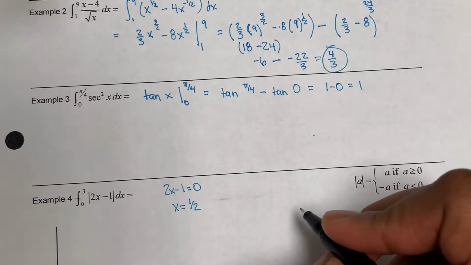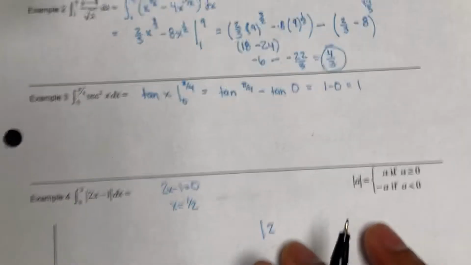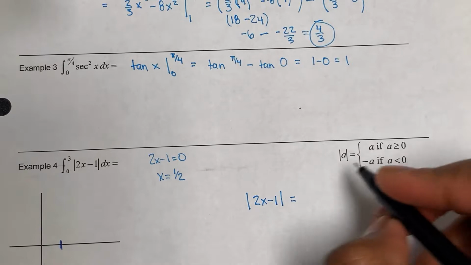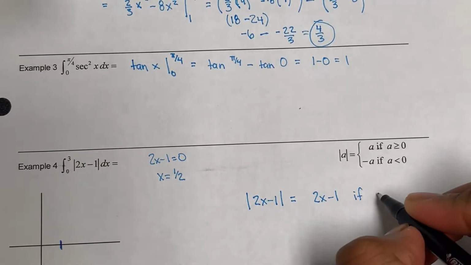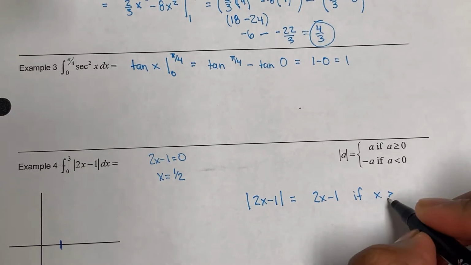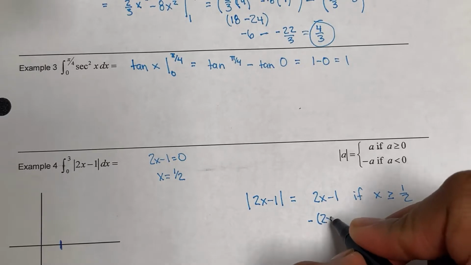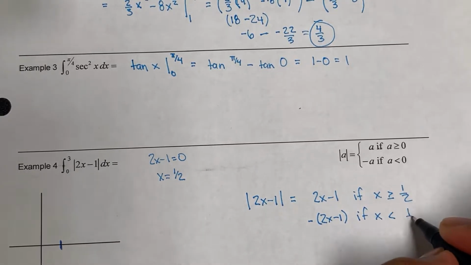So the absolute value of 2x minus 1 is going to equal 2x minus 1 if x is greater than or equal to a half. It's going to be negative 2x minus 1 if x is less than a half.